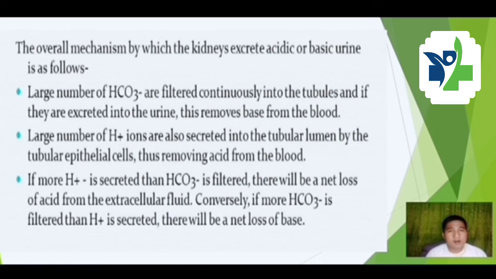Next, a large number of hydrogen ions are also secreted into the tubular lumens by the tubular epithelial cells, thus removing acid from the blood. If more hydrogen ion is secreted than HCO3 filtered, there will be a net loss of acid from the extracellular fluid. Conversely, if more HCO3 is filtered than hydrogen ion is secreted, there will be a net loss of base.